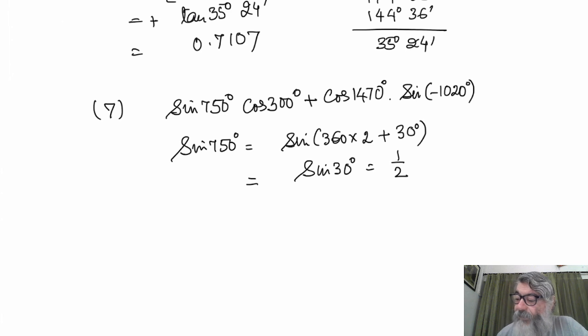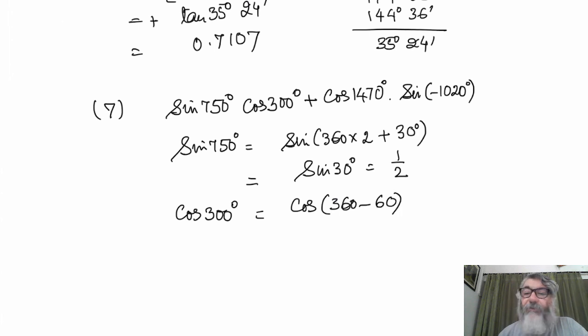Now let us see cos 300. Cos 300 I can directly write as cos of 360 minus 60, because if I subtract 60 from 360 I get 300. 360 minus theta means it is going to come into the fourth quadrant, and in the fourth quadrant cos is positive, so it is cos 60 degree.